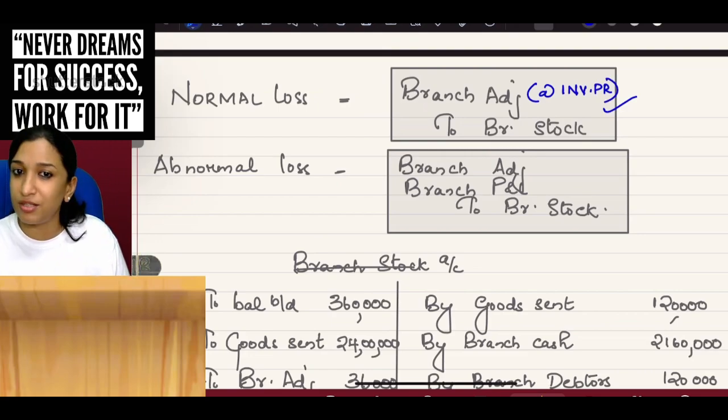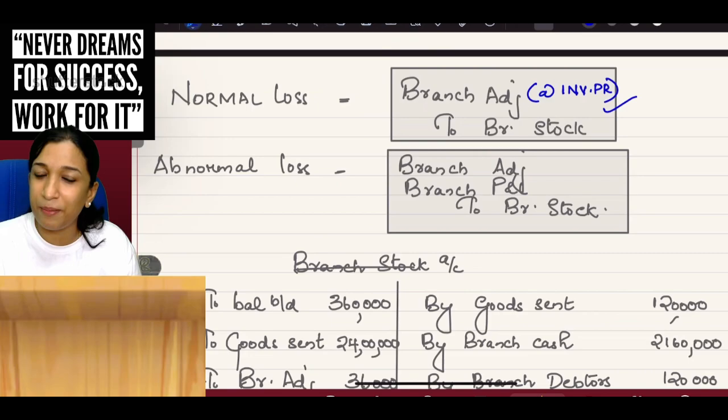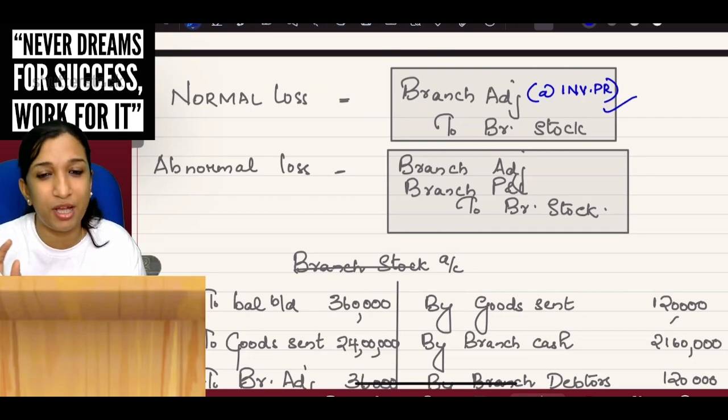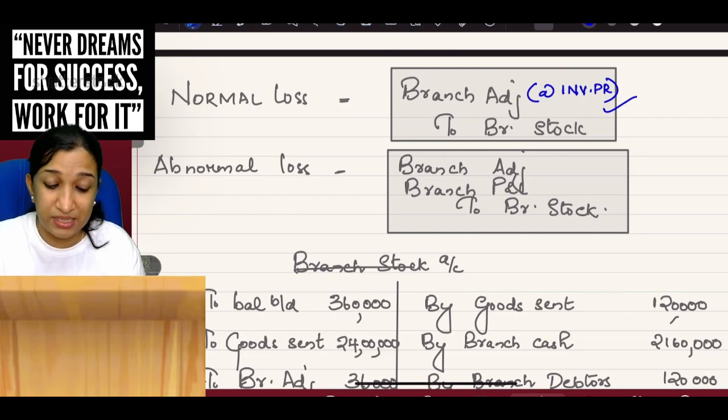Understood. If there is normal loss, branch adjustment to branch stock, at invoice price.